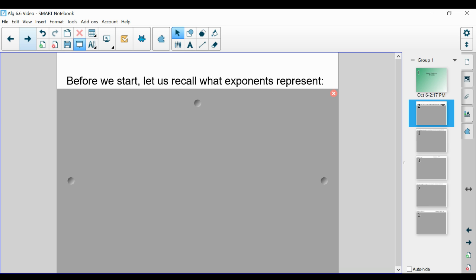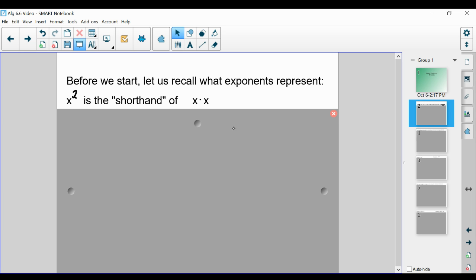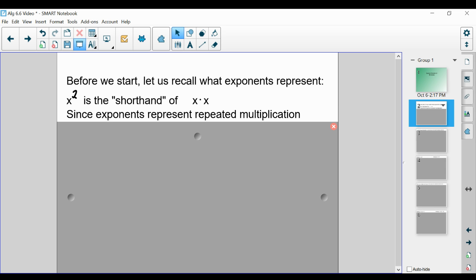Before we really start talking about what's on your guided notes, let's recall what exponents represent. If we have x squared, that's really the quote unquote shorthand of x times x. We're saying whatever that value of x is, it's getting repeated twice through multiplication, since exponents represent repeated multiplication.